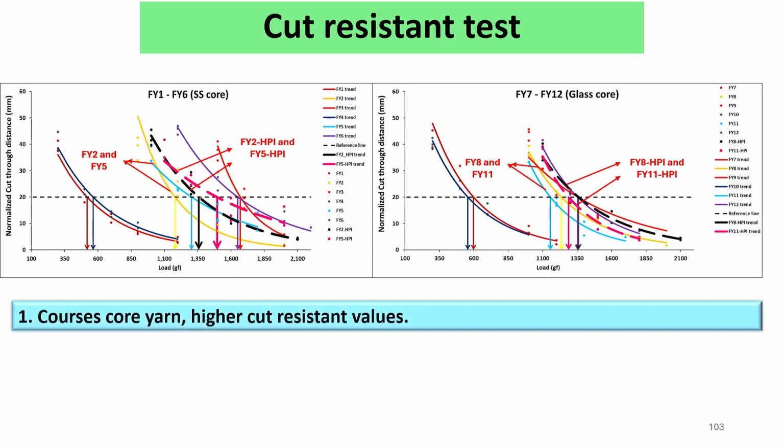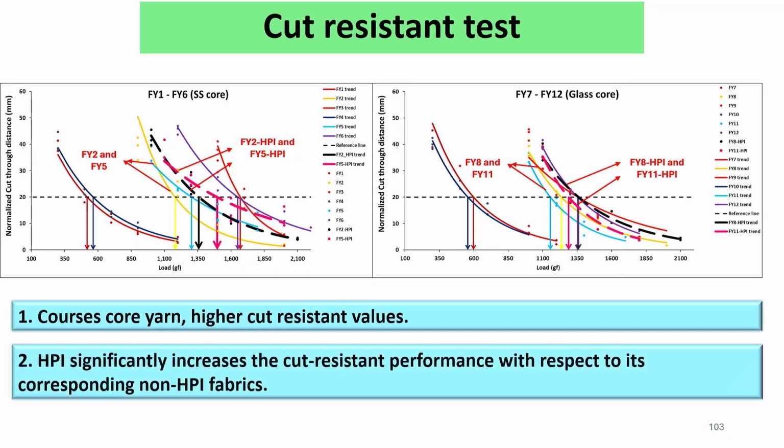Now, cut resistant testing, we have seen the HPI, that hard particle impregnated fiber gives higher cut resistance, that we have already seen earlier.